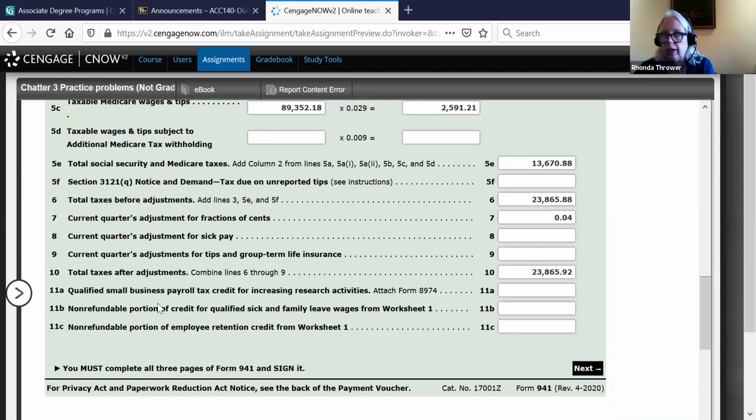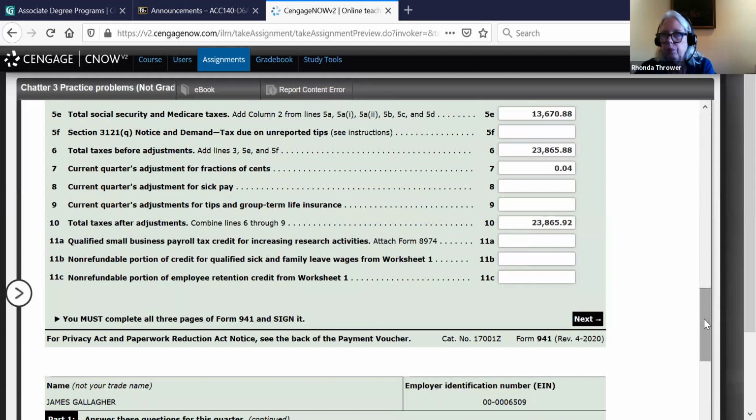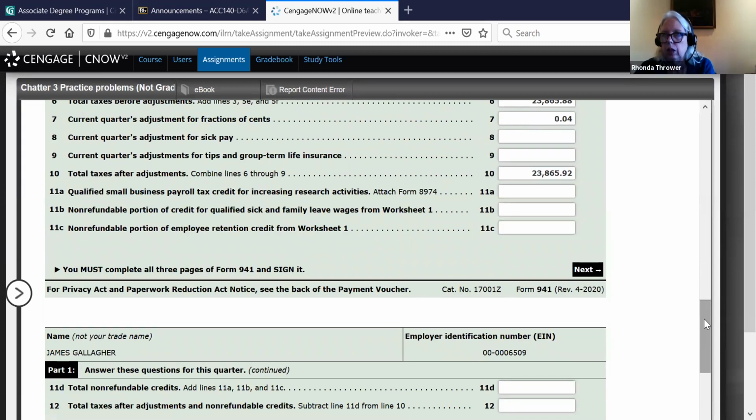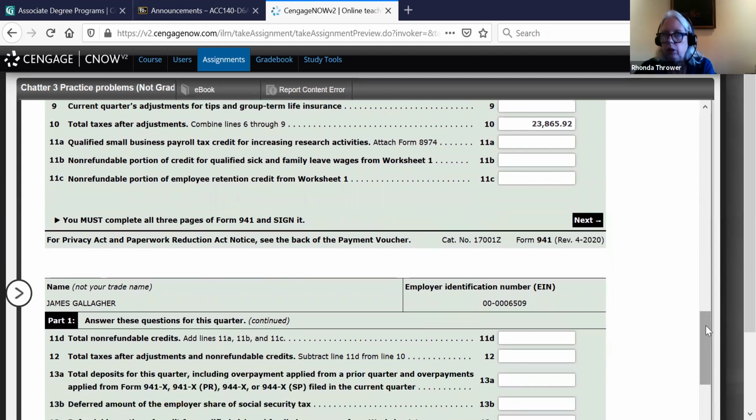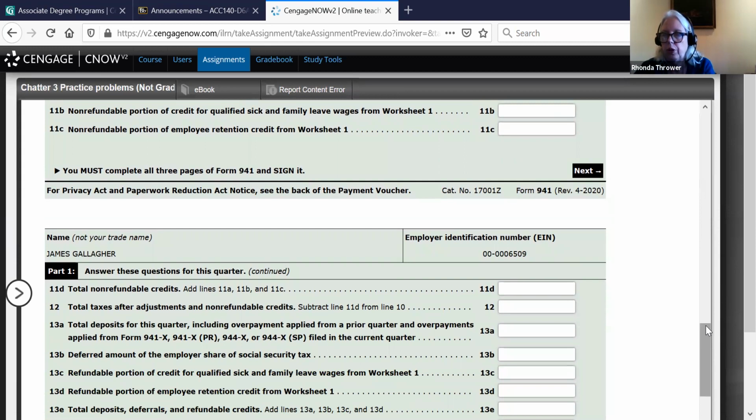Then you move to line 11, and they made no mention of this, so don't write anything in that's not in your instructions. There was nothing about line 11B or line 11C. And then we would go on and fill in the remainder of part 1, form 941.